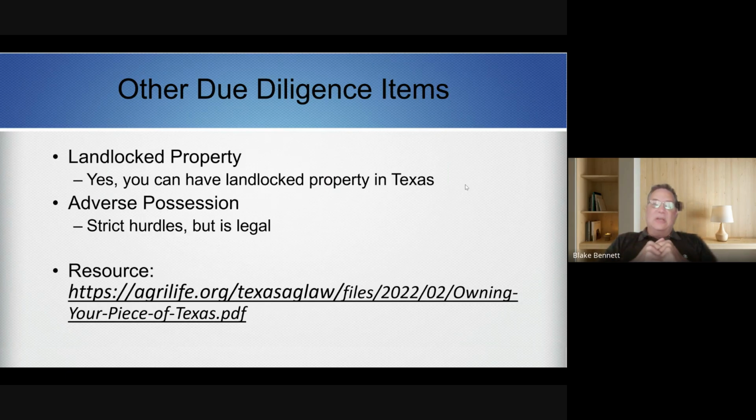And realize we can have landlocked property in Texas. It is a thing to have landlocked property in Texas, have no way to get to it. Also, adverse possession, yes, squatters' rights type thing. Yes, it can happen. There are strict hurdles to go over.